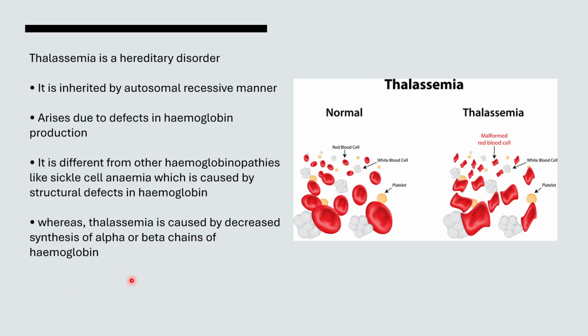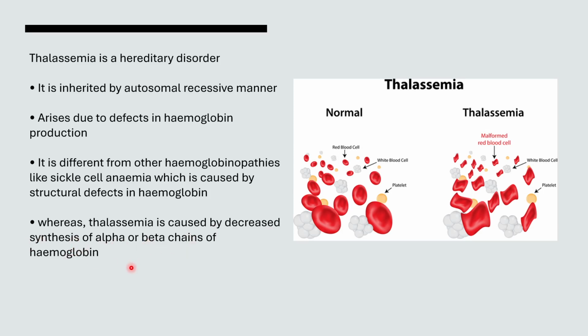So, how does thalassemia occur in a person? Generally, it transfers from parents to offspring in an autosomal recessive manner, and it is caused by decreased synthesis of alpha or beta chains of hemoglobin.